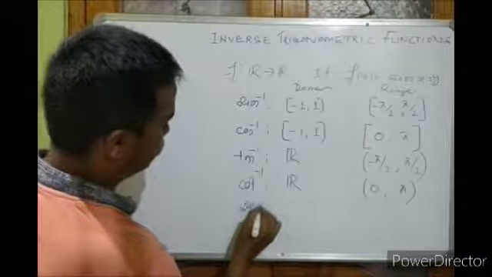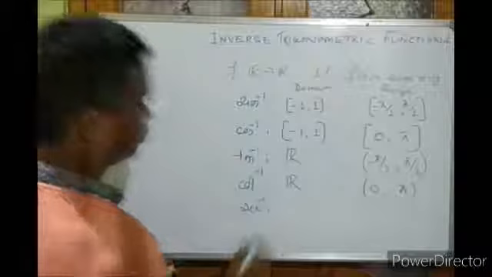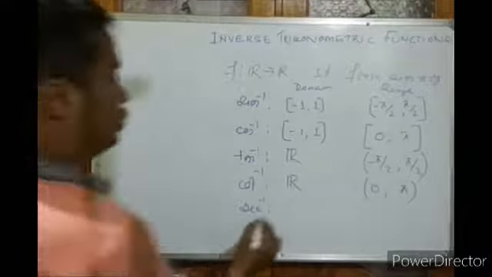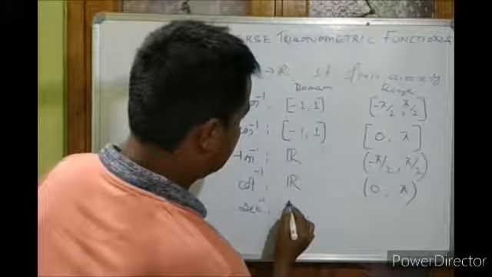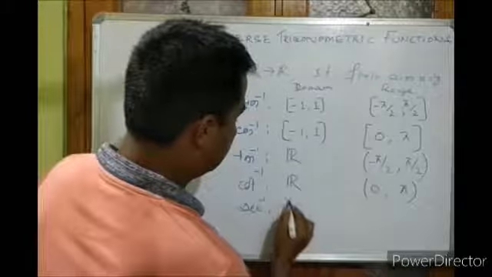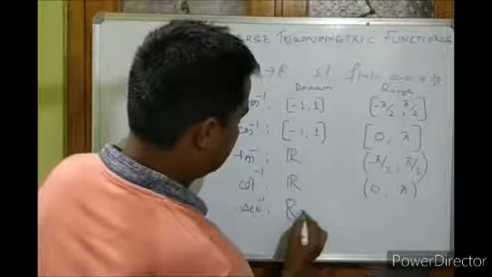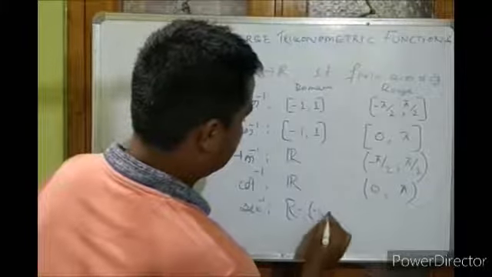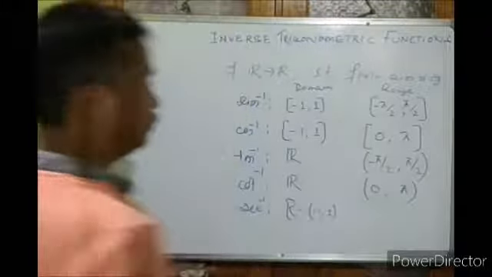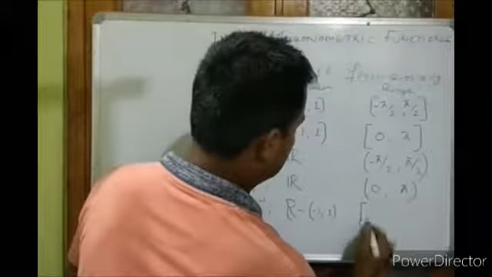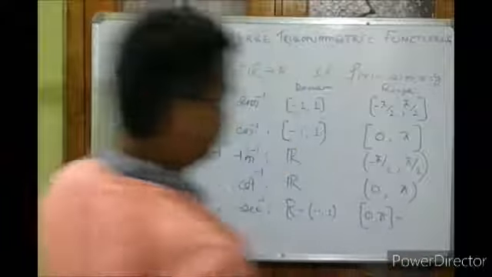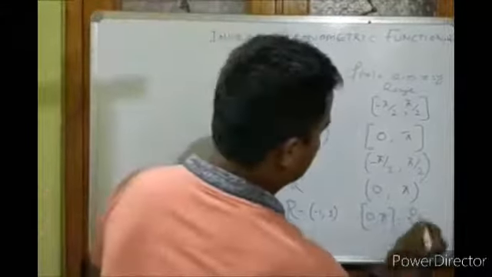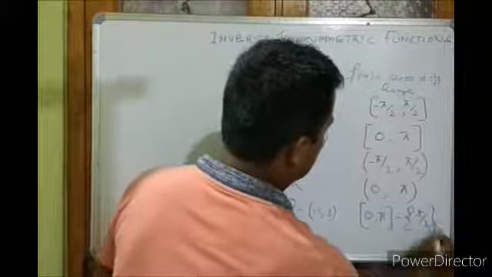Sec inverse is a function from R minus the interval minus 1 to plus 1, and the range is 0 to pi minus the element pi by 2.